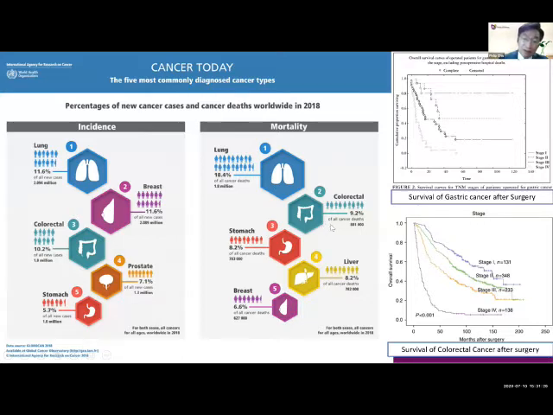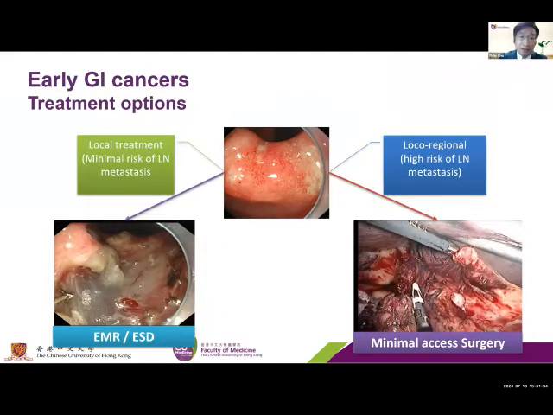So a lot of the time, when we are tackling this cancer, the most important thing is how to make an early diagnosis. If you can recognize early GI cancer that is locally situated without lymph node metastasis risk, then the treatment option is endoscopic resection.